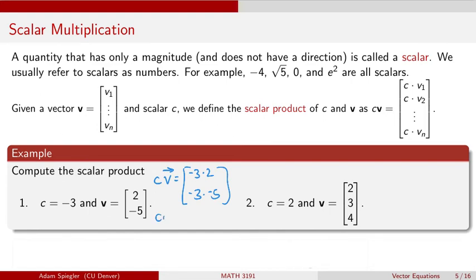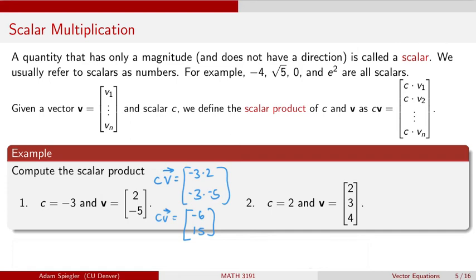I multiply each of the two components of the original vector v by minus 3. So I get a minus 6 and then a positive 15. The product of c and v gives me the vector minus 6, 15.